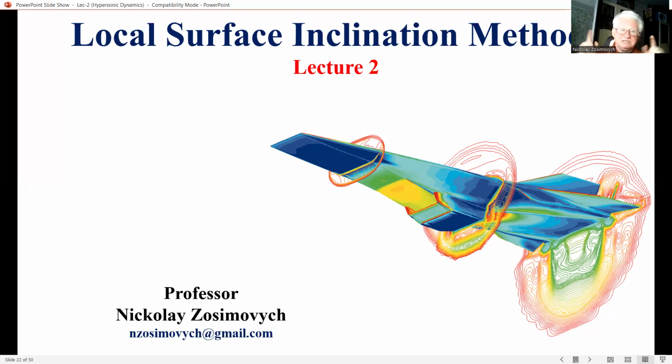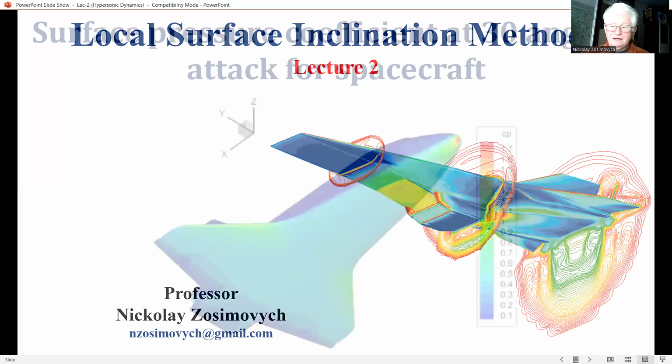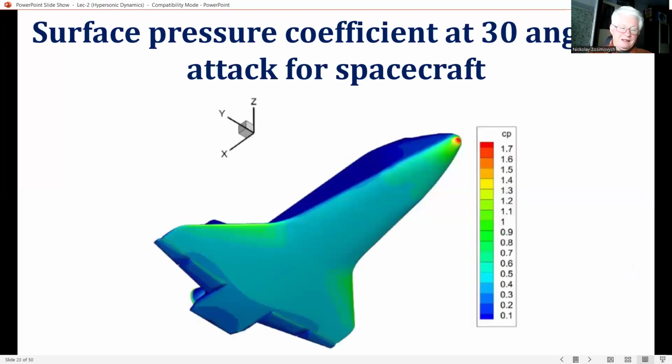In contrast to this, interaction and reflection of non-linear waves may lead to an enormous increase in pressure. This is not my word. This was a phrase I found in the book of Richard Courant and Friedrichs, even in the previous century, 1948.